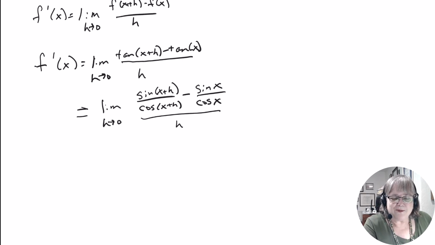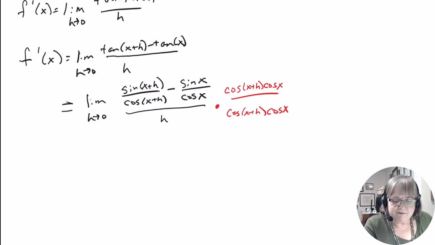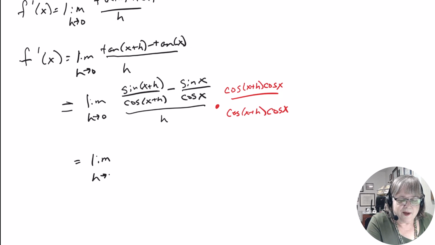So we are going to multiply top and bottom by the least common denominator. So this would be cosine x plus h cosine x over cosine x plus h cosine x. So we're multiplying by a version of 1. And we are going to cancel where we can. When you multiply this by the first term, the cosine x plus h's are going to cancel.